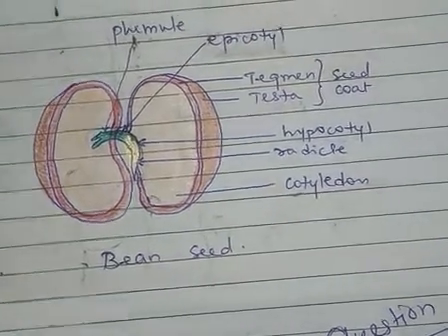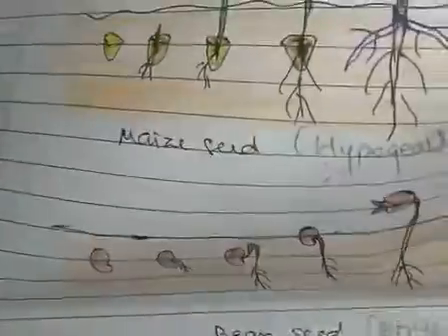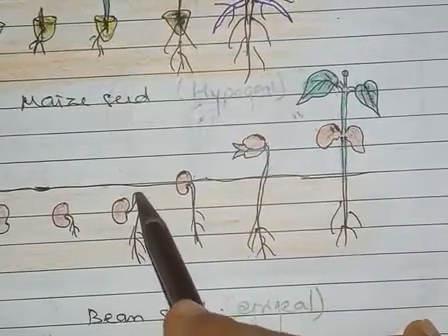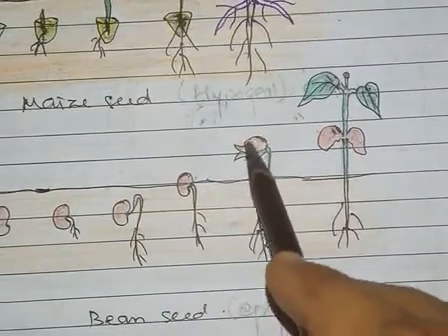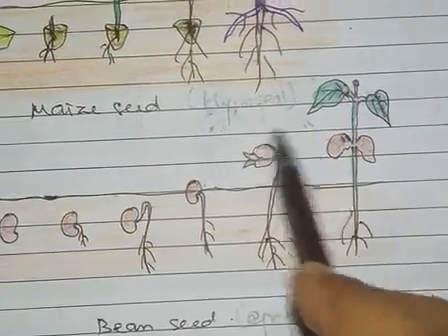Understanding? And it looks like this. I'll just show you the diagram over here. Okay, this diagram you can see, right? Here the hypocotyl is elongating and it is bringing the cotyledon out of the soil. So this type of germination is called epigeal germination.